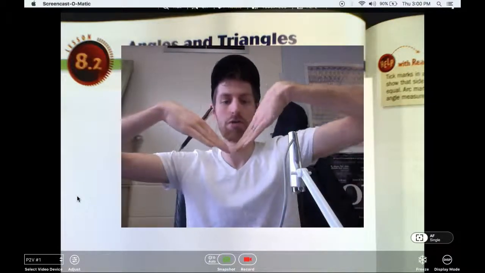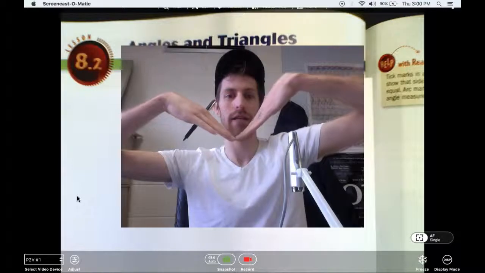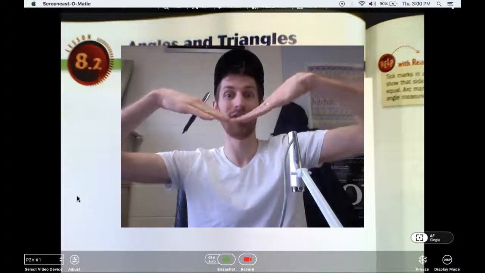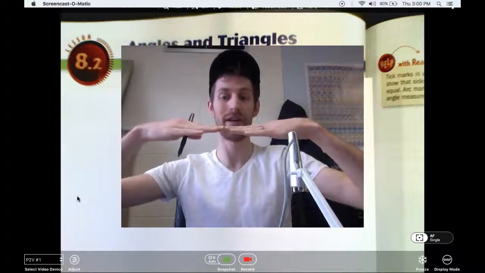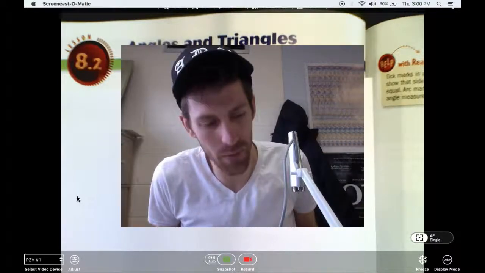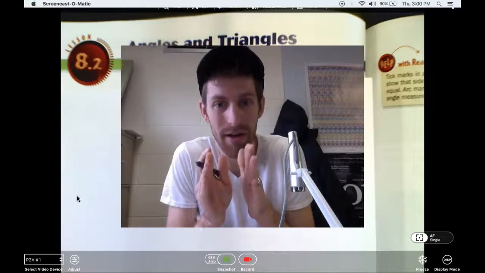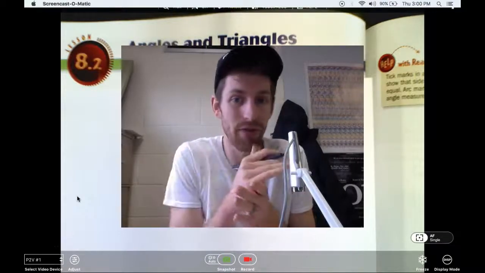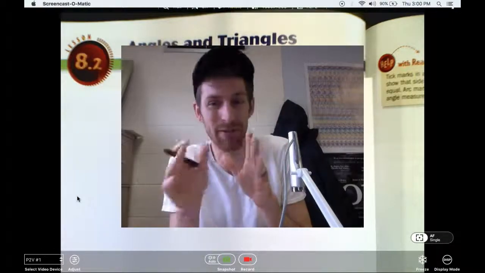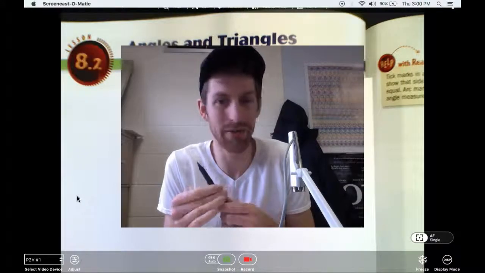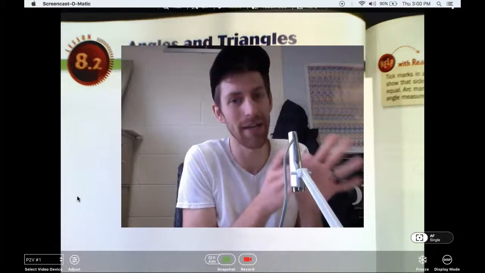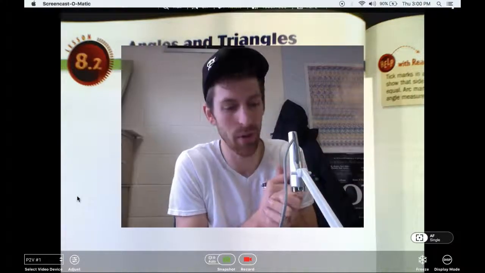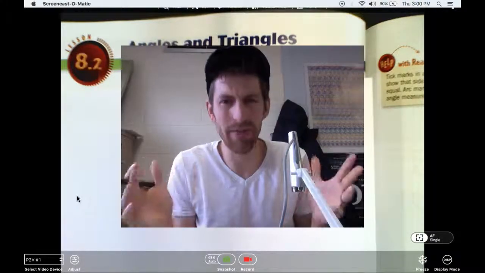So this is about 90 degrees and then gets more like 100 degrees, 120, 150, 180 degrees is just a straight line. And then we talked about if there are parallel lines and there's a transversal cutting through them, you've got these special scenarios where some angles equal each other, right? Corresponding, alternate interior and alternate exterior angles. Okay, cool. That was kind of a lot.